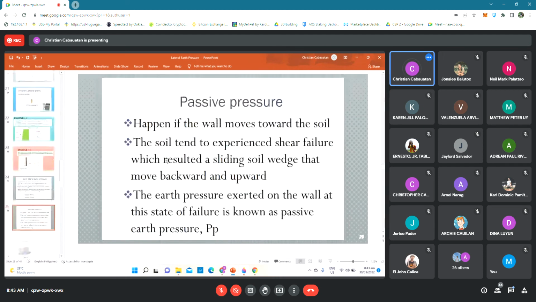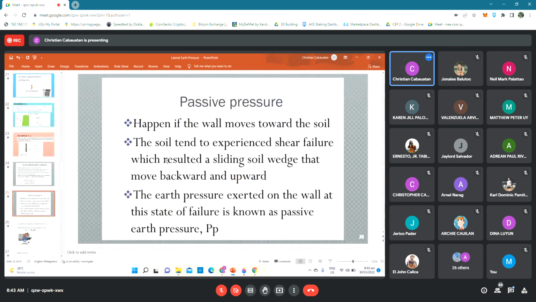So earlier, active pressure is the effect, it is just the tension, wherein the soil moves the retaining wall away from it. But passive pressure is just the reciprocal or the opposite of your active.